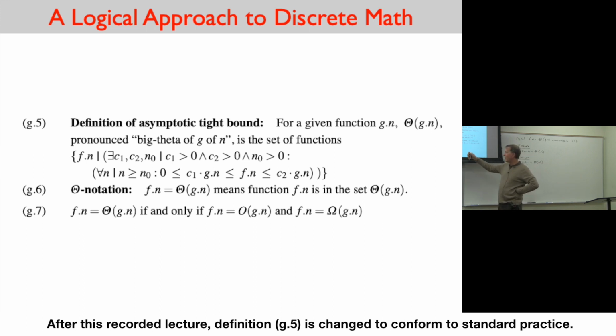I don't know why, because this is a whole lot easier to understand. But if you look at G.6, big theta of g(n) is the set of functions f(n) such that there exists, now look, this is more complicated, a C1 and a C2. So there's two C's and one n naught. And the C's are greater than 0 and the n naught is greater than 0.